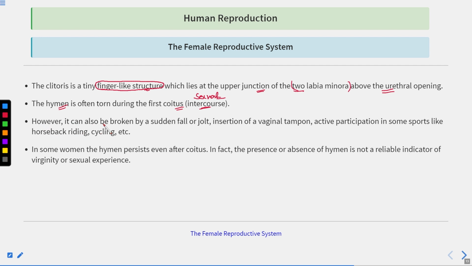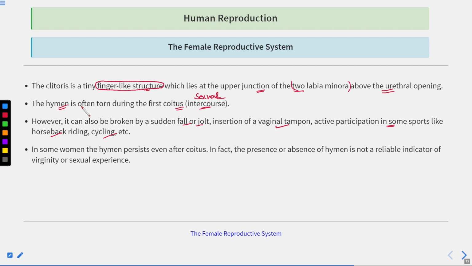However, it can also be broken by a sudden fall or jolt, due to some vigorous exercise, or due to the insertion of a vaginal tampon. A lot of females use a vaginal tampon during the menstrual cycle. Active participation in some sports like horseback riding and cycling can also result in the breakage of this hymen.